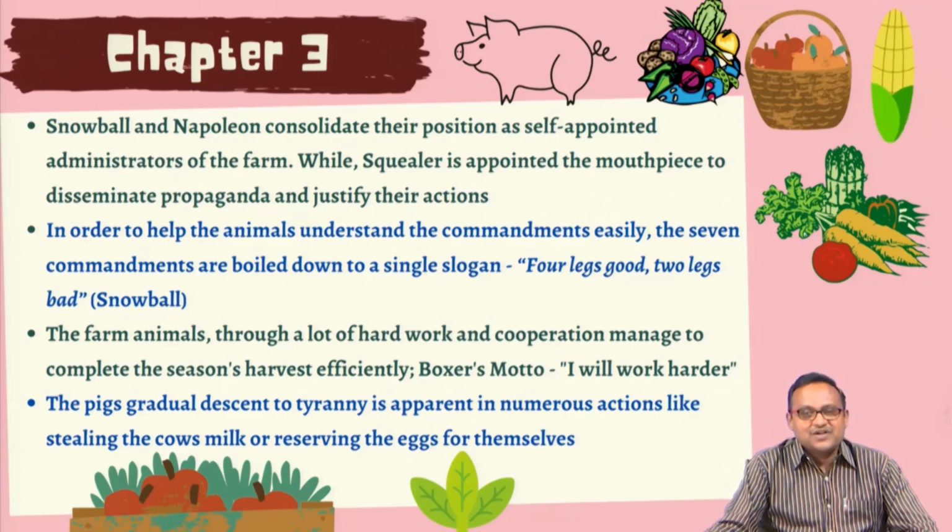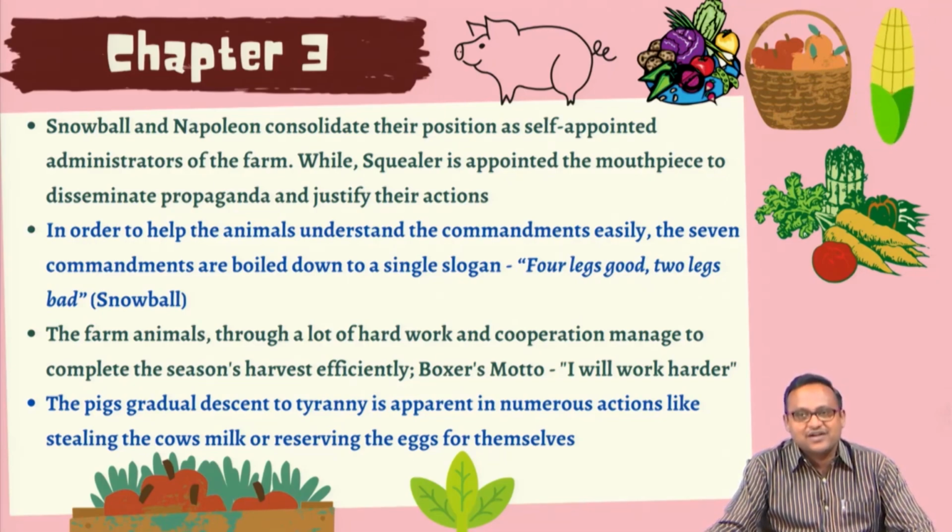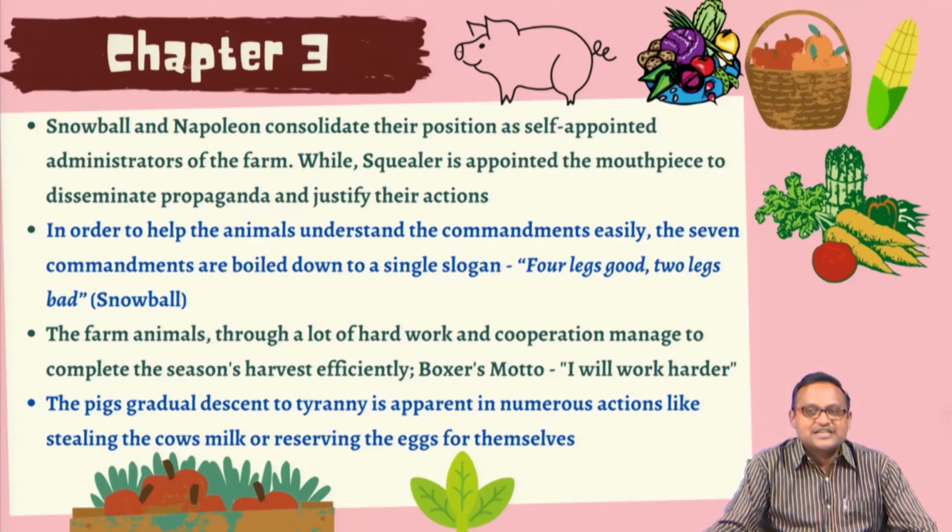And of course, because some animals find it very difficult to remember all the commandments, Snowball helps in reducing the entire constitution into one simple and single slogan: 4 legs good, 2 legs bad. Of course, it is reductivistic in many senses, not just philosophically, but even literally, because there are also hens and birds there.